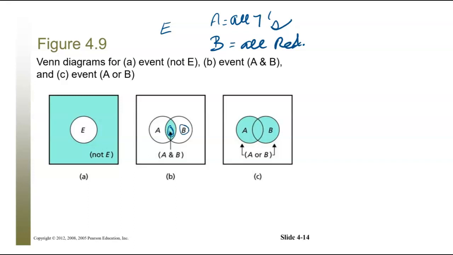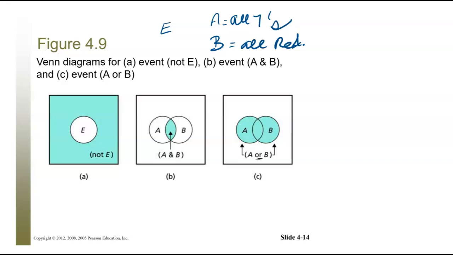If we were talking about pulling a card that is a 7 and also red, that's only the overlap. Now, 7 or red, you're still going to have that overlap in the middle, but we're also going to include all the 7s and all the reds when we use the word or.